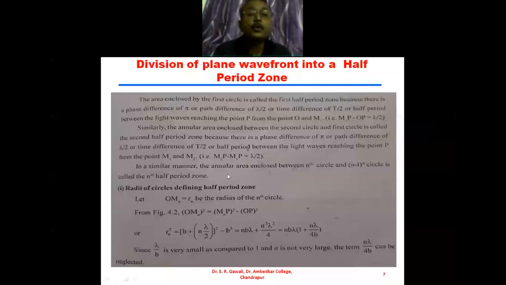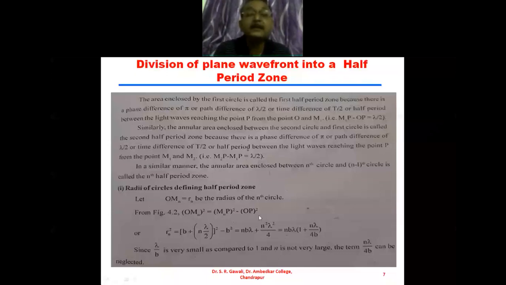Let OMn, where Mn is the last point, be equal to Rn, the radius of the nth circle. From the figure, OMn square is equal to MnP square minus OP square. What is that? You can see from this.